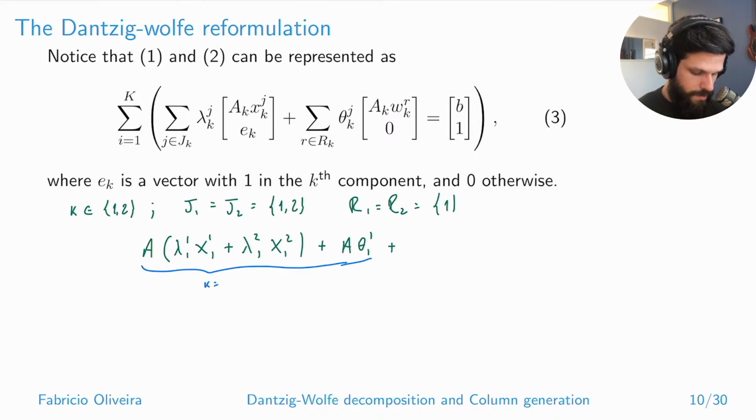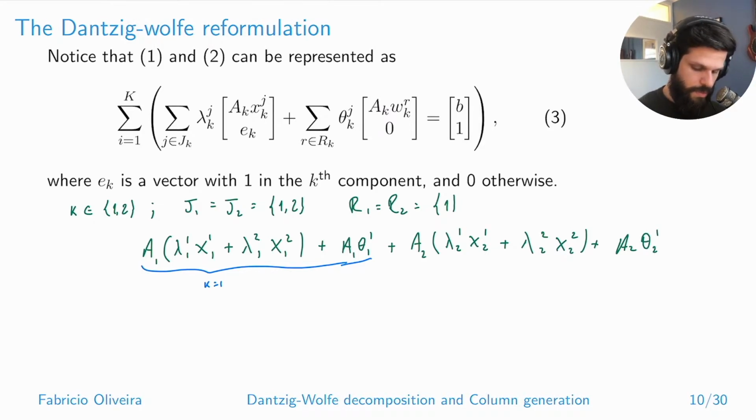Then I also have a1 a2 multiplying lambda subproblem 2 node 1 times x2 1 plus lambda 2 2 x2 node 2, plus a2 multiplying theta subproblem 2 ray 1, and that equals b. That is the part associated with k equals 2.